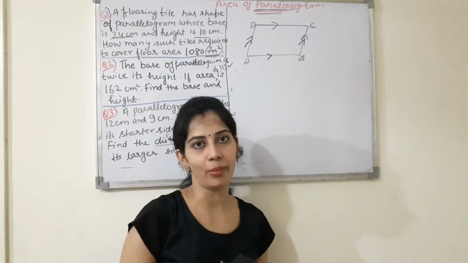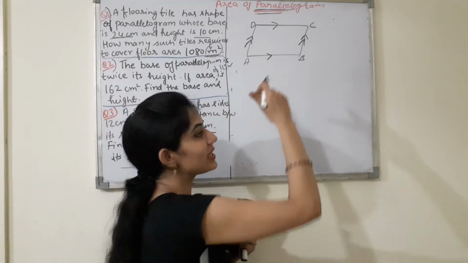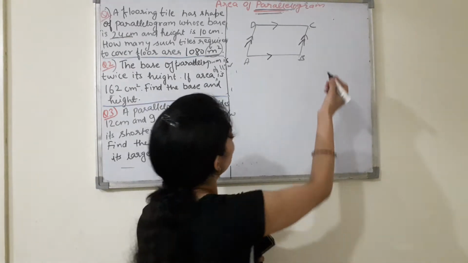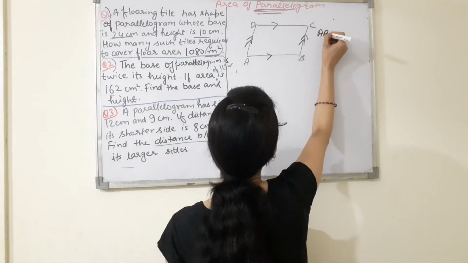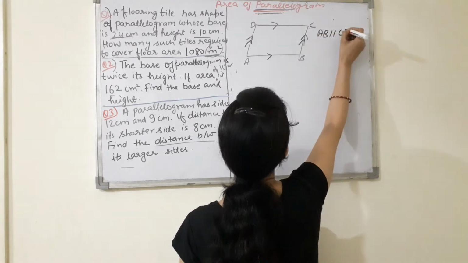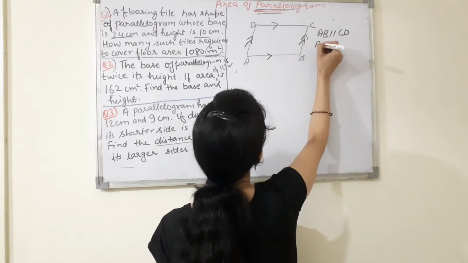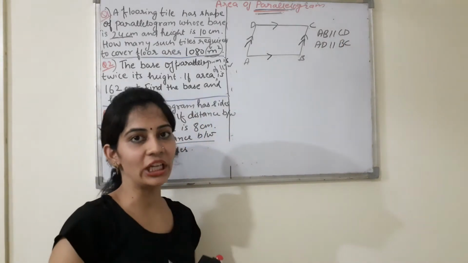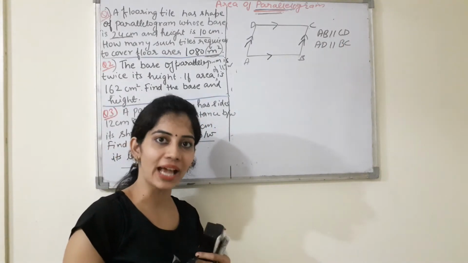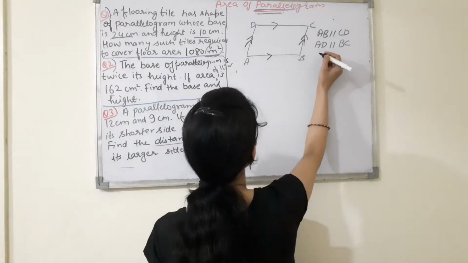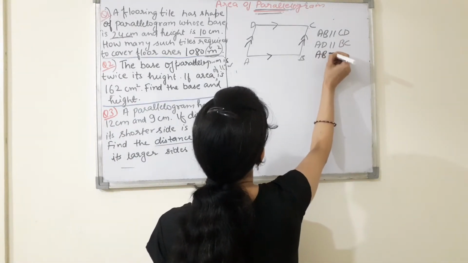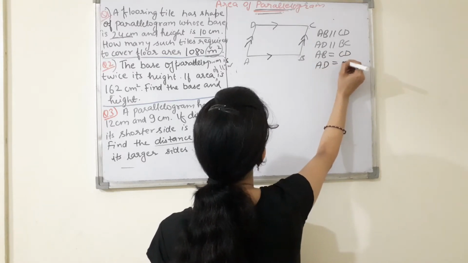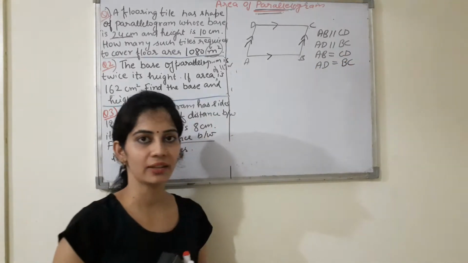In a parallelogram the opposite pair of sides are parallel and equal. So AB is parallel to CD, AD is parallel to BC, and they are also equal: AB equals CD and AD equals BC, right?